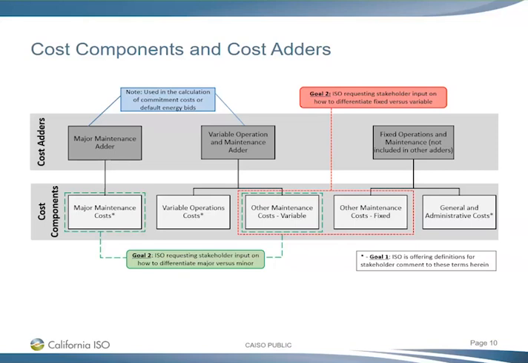However, I think we might consider being open to adding $1 per megawatt hour into the major maintenance adder category, depending on the nature of those major maintenance activities. Do they require you shutting down the plant, for example?